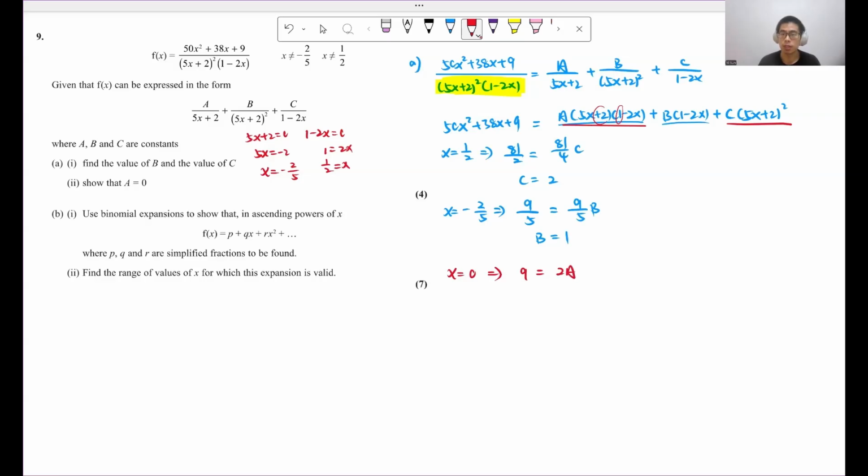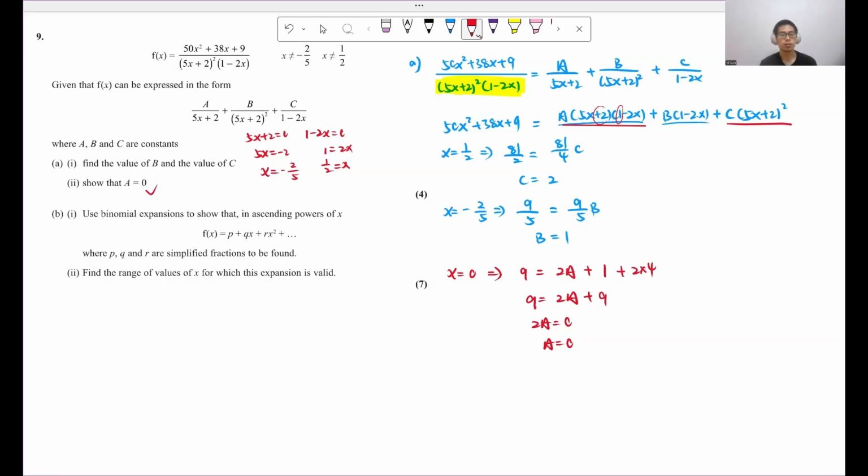For the second term, we already know b is equal to 1, and 1 times 1 is just 1. Then 0 plus 2 is 2, and 2 squared is 4. And c is equal to 2, so 2 times 4. Therefore 9 is equal to 2a plus 8 plus 1, which is 9. So 2a is equal to 0, and a is equal to 0. That's how we show that. Okay, part A is done.